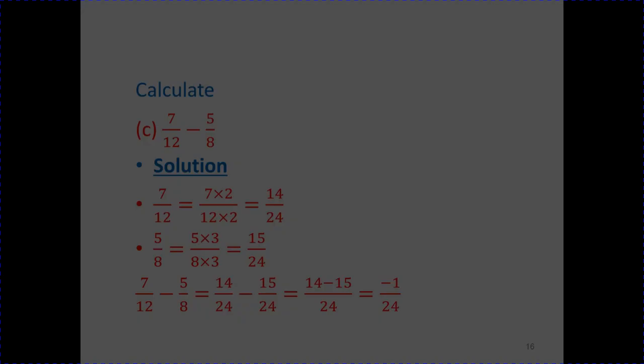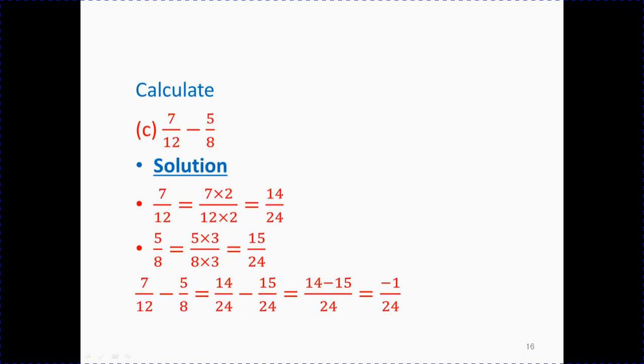Now, these were examples of addition. Subtraction works the same way. For example, 7 over 12 minus 5 over 8. Now I have two different denominators, 12 and 8. I have to find the least common denominator between 12 and 8.